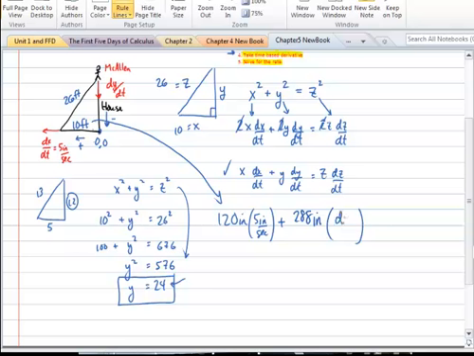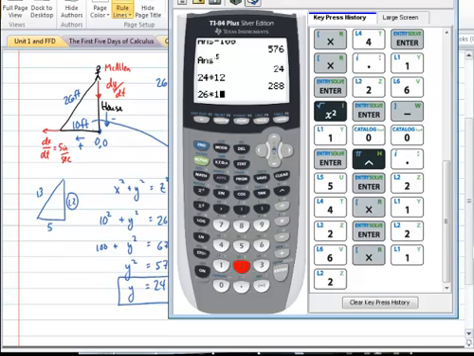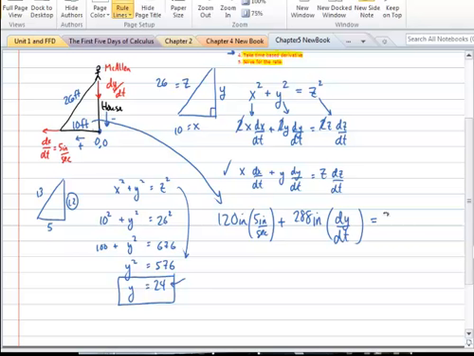And the dy dt is unknown, so I've got to find that. Then we have the z value, which is 26 feet, so 26 times 12 is equal to 312 inches.